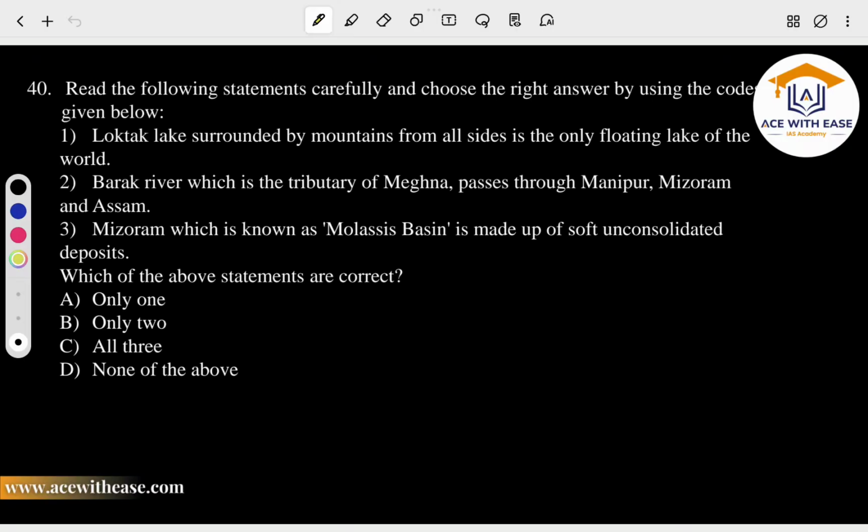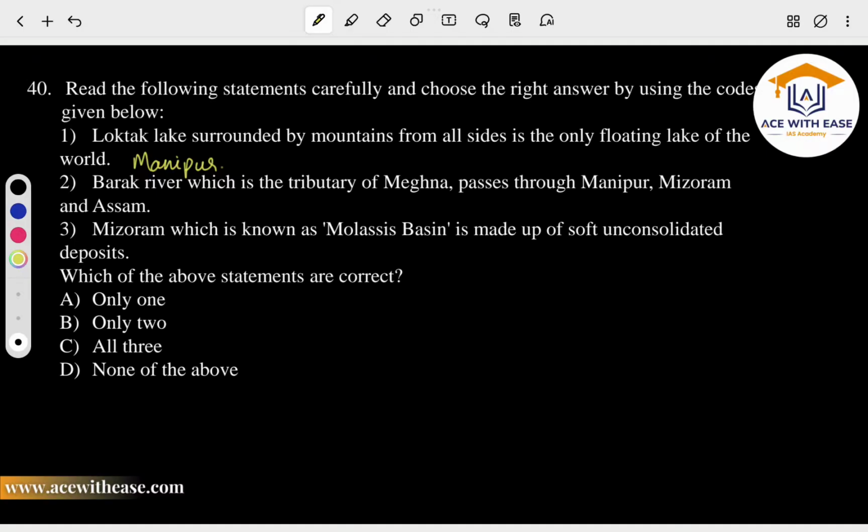40. Read the following statements carefully and choose the right answer using the code given below. First, Loktak Lake is surrounded by mountains on all sides and is the only floating lake of the world. So the statement is correct. Loktak Lake, which is present in the Manipur region, has one of the floating national parks in India.